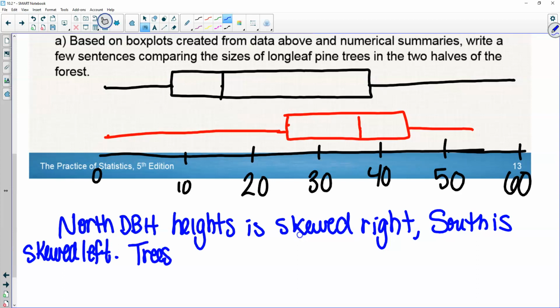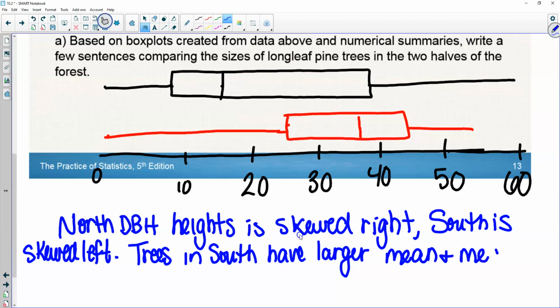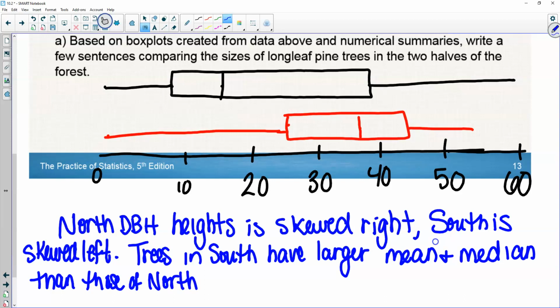Trees in the south have larger diameter mean and median. The trees in the south have larger mean and median than those of the north. Those are our comparative words. North has more variability, has a larger IQR and a larger spread overall.